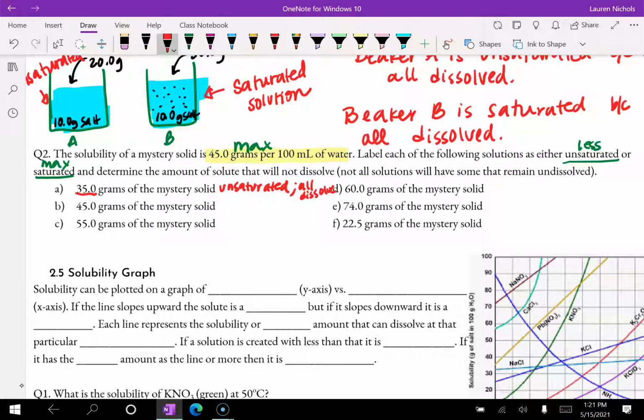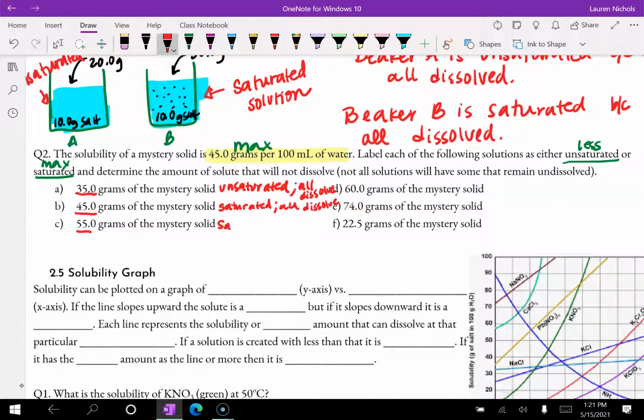Okay, but if we look at B, 45 grams, that is our maximum. So that is considered a saturated solution, but because it's not more than that, it will also all dissolve, which it's kind of hard to fit that here. But if we look at C, C is 55 grams. Well, that's more than the maximum.